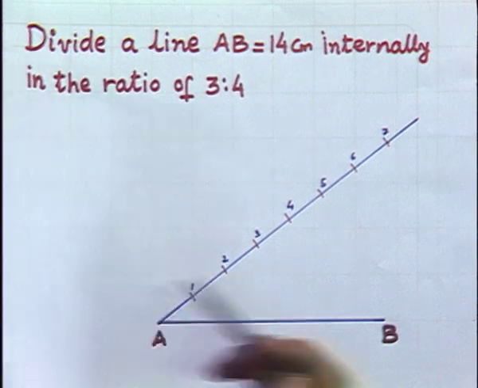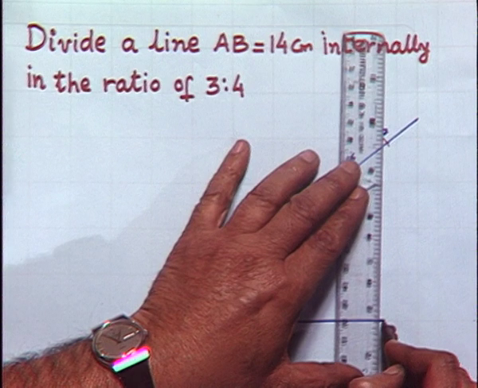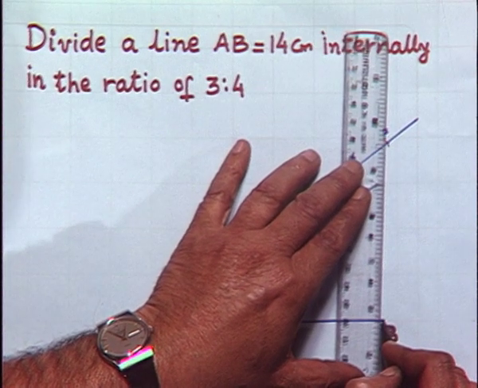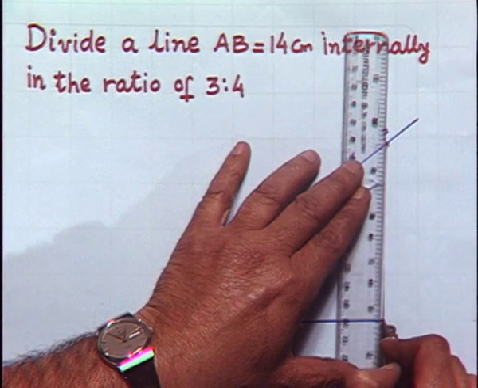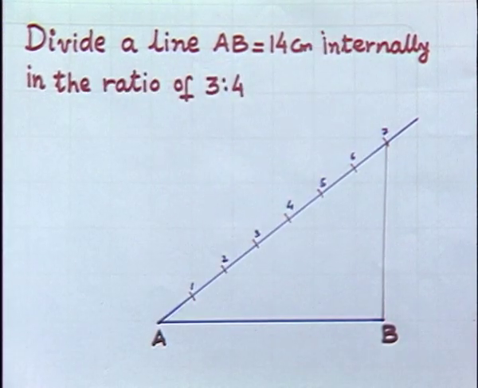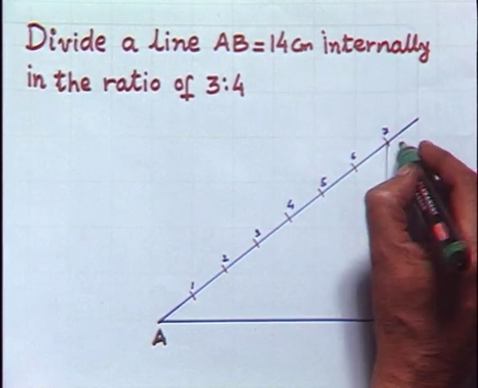Join the 7 number to the point B. And we name this point as C.